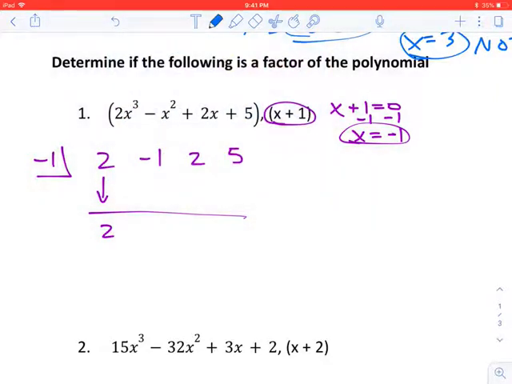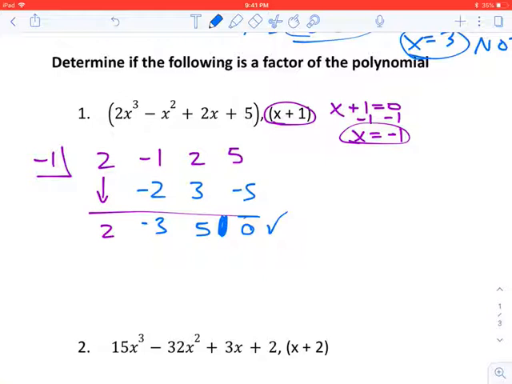So 2 times -1 is -2. That gives me -3. Multiply. The -3 times -1 is +3. Add those, that's 5. 5 times -1 is -5, and what do you know? Remainder of 0. So since it's a remainder of 0, that means that number we tried is a 0, or that factor is a factor.